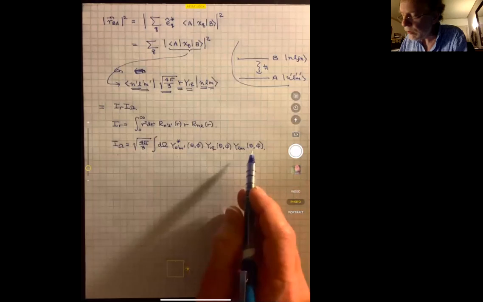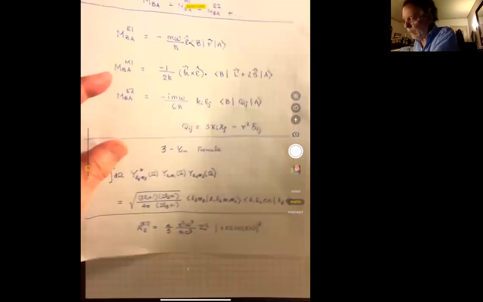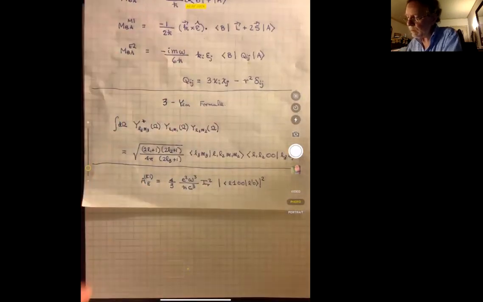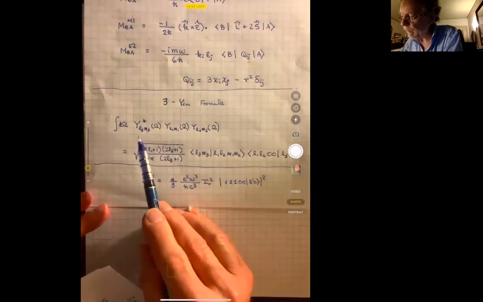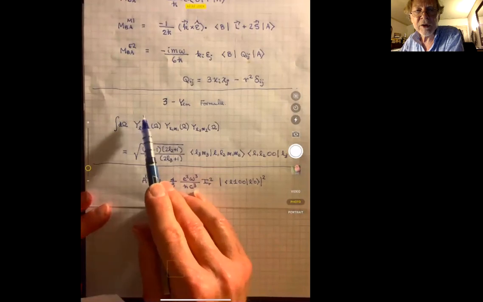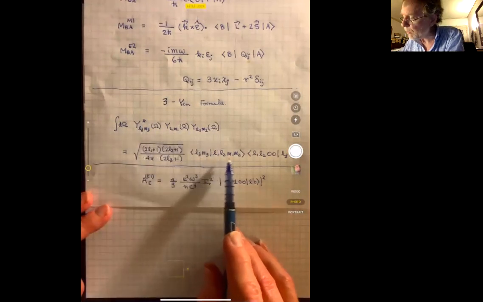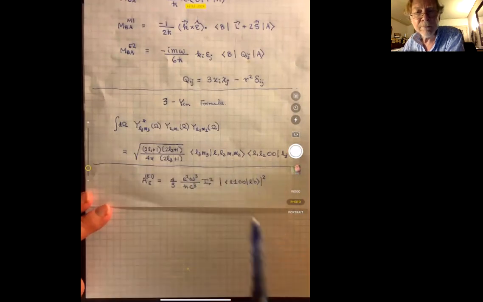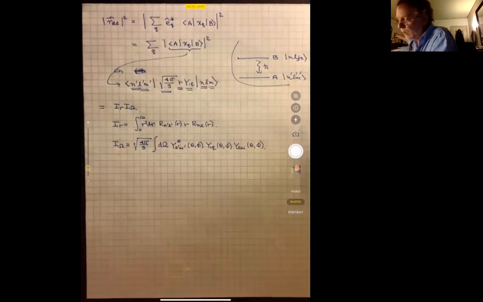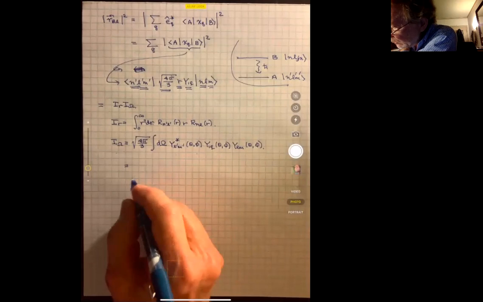So you see an application here of the three-Y_LM formula, which we worked out last semester. And to remind you of that, here it is. Here the notation is a little different. There's L_3, M_3 that has the star on it, and L_1, M_1, L_2, M_2 have no stars, but you've got the square root factors and the product of two Clebsch-Gordan coefficients. And what this means is that this I omega can be written, if you apply the formula, like this.